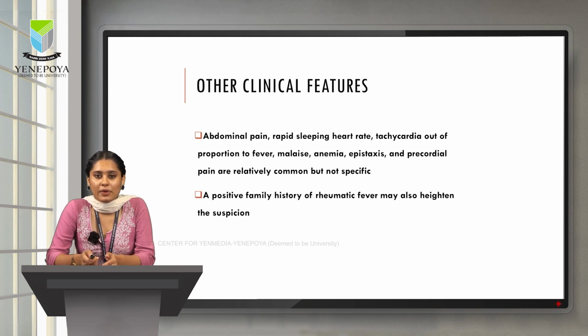A positive family history of rheumatic fever may also heighten the suspicion. It will not give you a 100% indication that this patient will have rheumatic fever, but if there is a family history of rheumatic fever, then they have a higher chance of acquiring it as well.